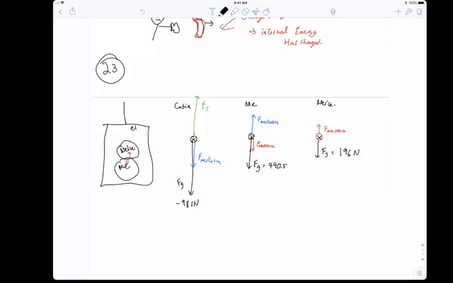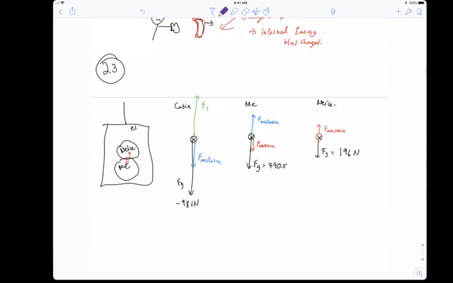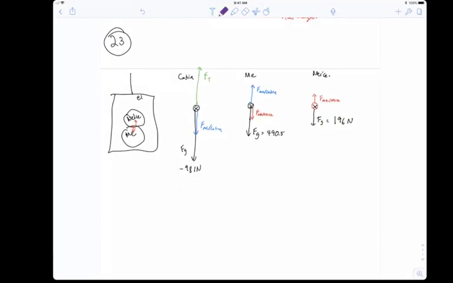So, can I figure out how big the other forces are? I can, but I have to do an intermediate step. I have to talk about the acceleration of each of these. The acceleration of the cabin is minus 1 meter per second squared. The acceleration of me is minus 1 meter per second squared.